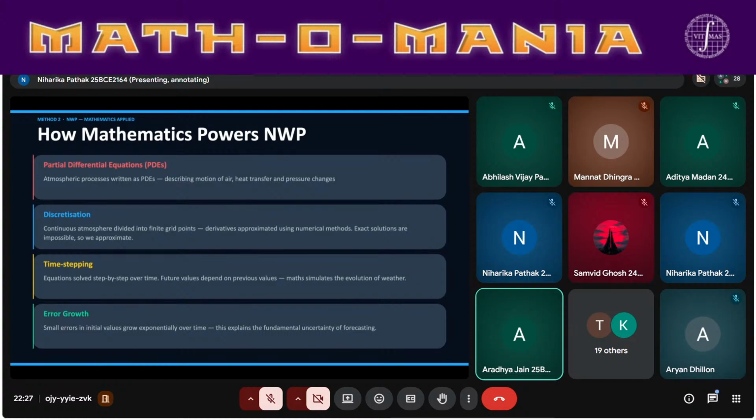Now, when we use this grid, we cannot exactly predict the solution of these equations, so we just approximate it, okay? That also tells us this is not going to be fully accurate, but trust me, it's not possible to give an exact solution because the grid has some limitations, which we will talk about later on. And now, each grid is solved step by step in those equations over time.